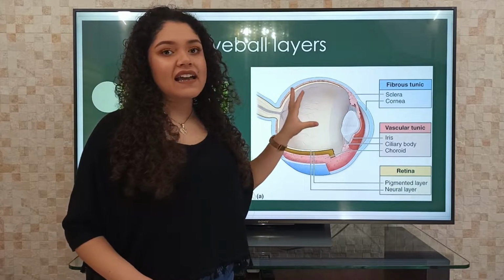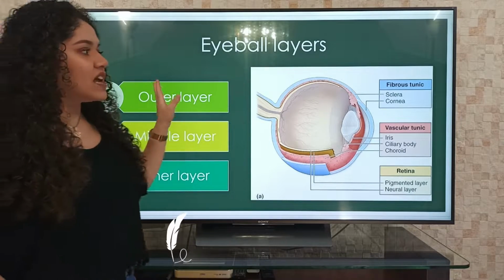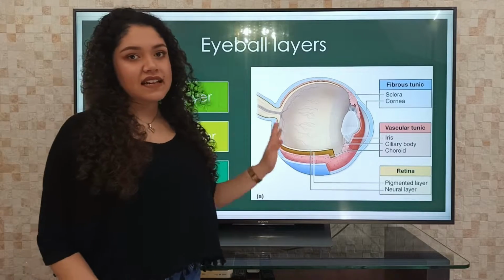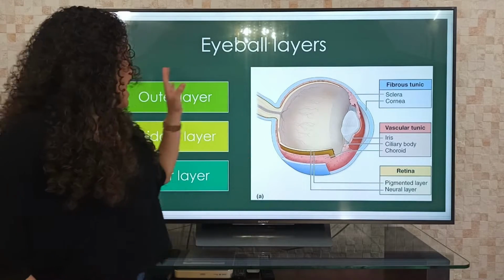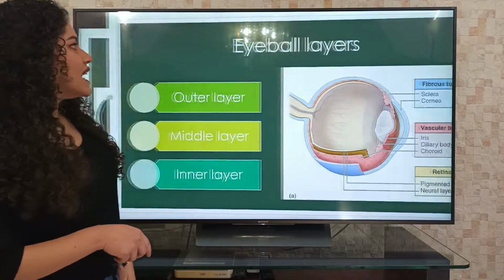Those words are exactly the same as these words. What I mean is the outer layer is exactly the same as the fibrous tunic, the middle layer is exactly the same as the vascular tunic, and the inner layer is exactly the same as the retina.